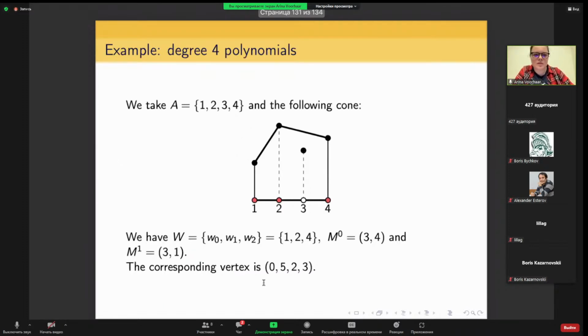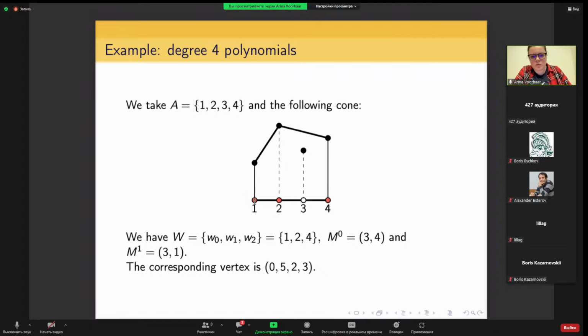So for example, if A is equal to 1, 2, 3, 4, and I consider a covector such that the roof has this nice shape, then in order to determine to which vertex of the Newton polytope of the Morse discriminant it corresponds, I have to look at the subdivision.